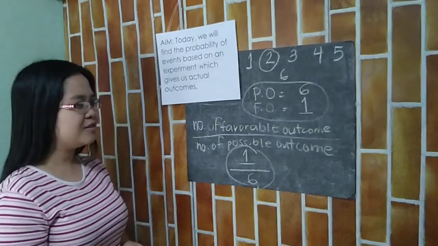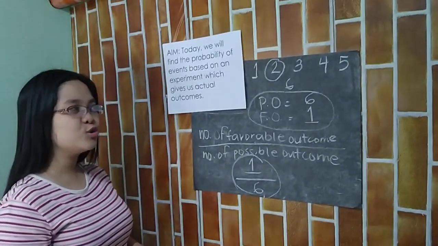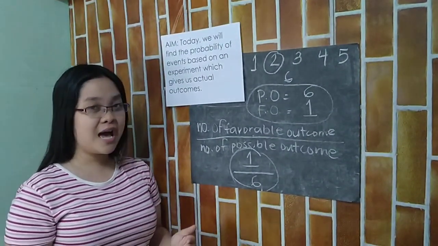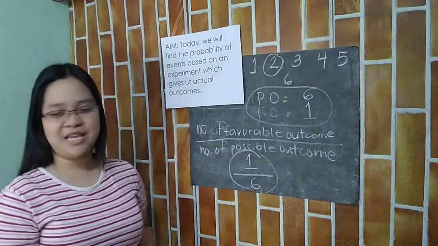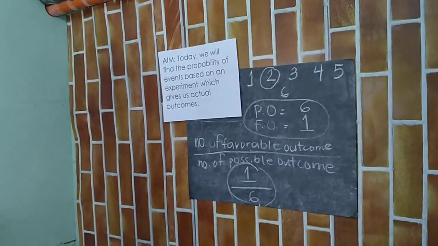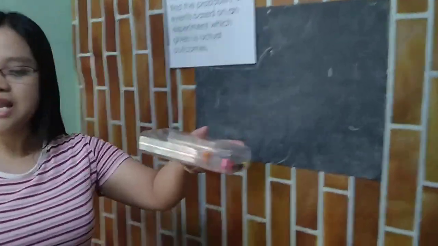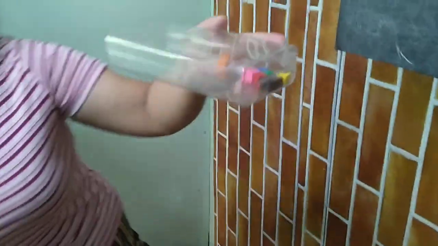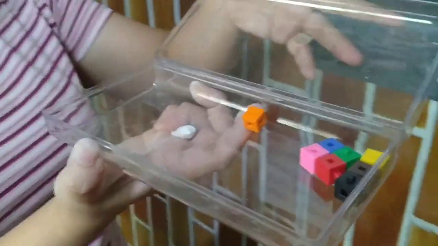Okay? Now, this time, we will conduct an experiment to show you another kind of probability. Are you ready for that? Okay. Now, take a look at this box. So, I have here several set of unit cubes.